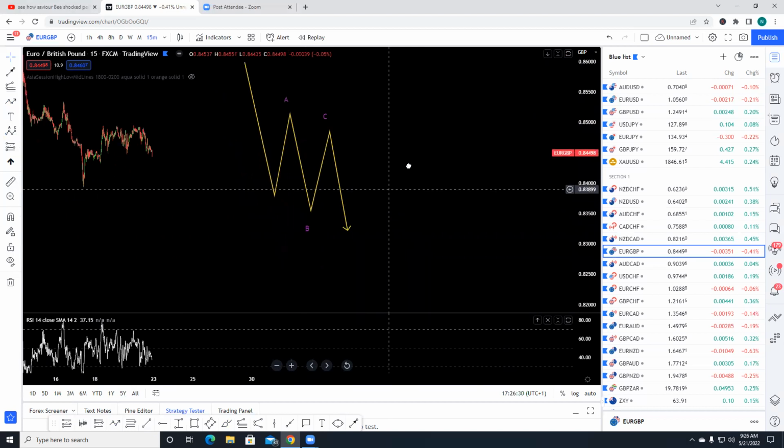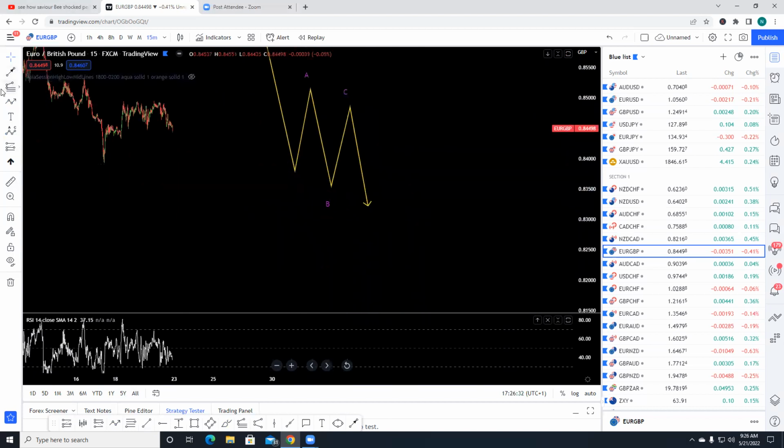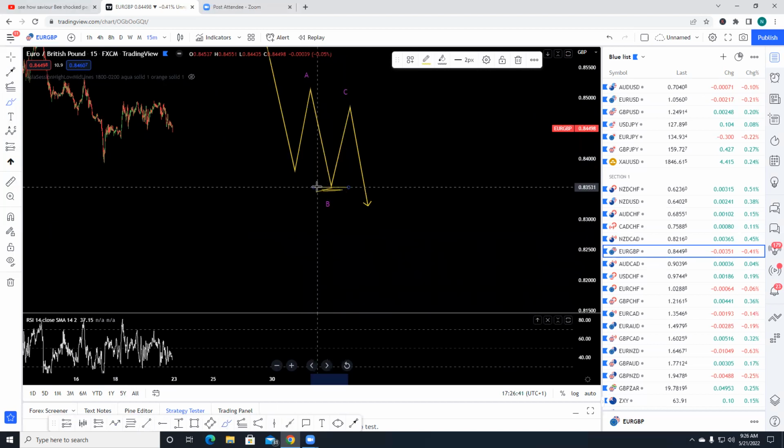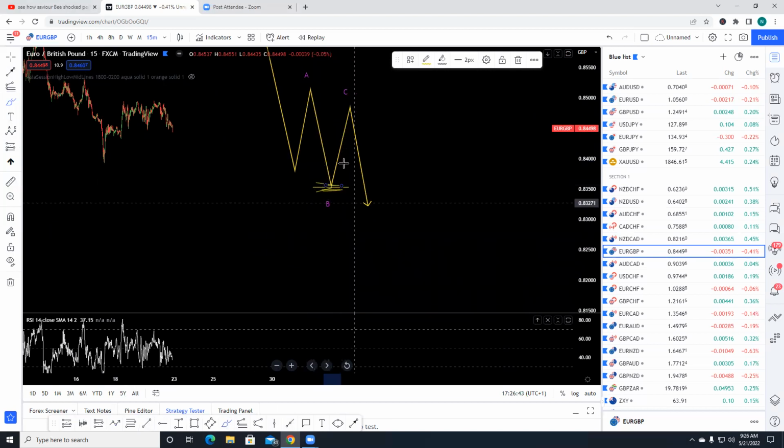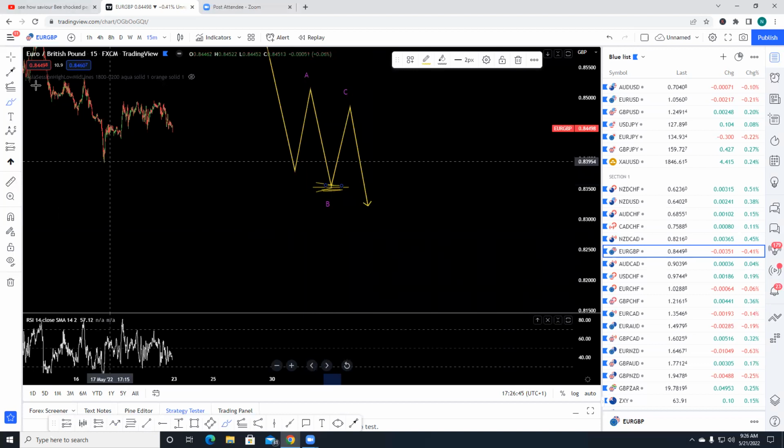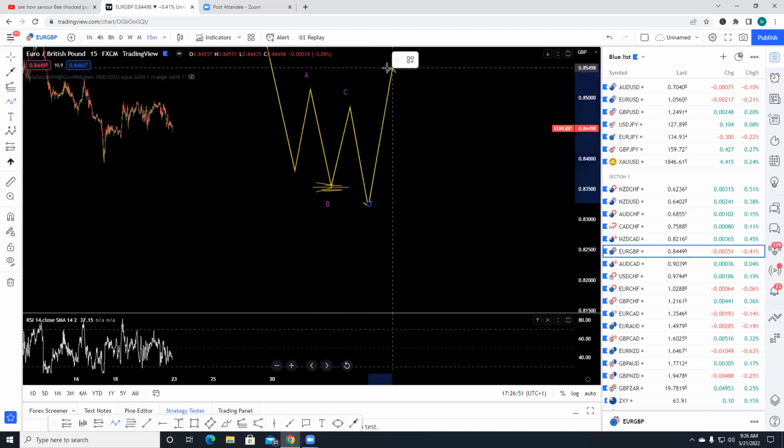Okay, so this is now a confirmation of a running flat because the continuation move to the downside has broken this level. It has broken this level. And then after it has broken that level, it is not possible for this wave to now start moving from here to go and form an expanding flat.